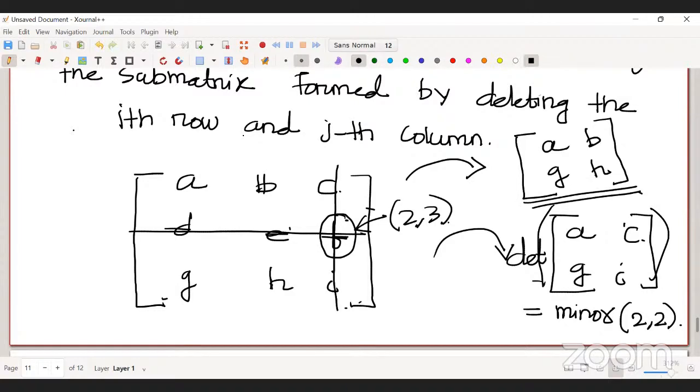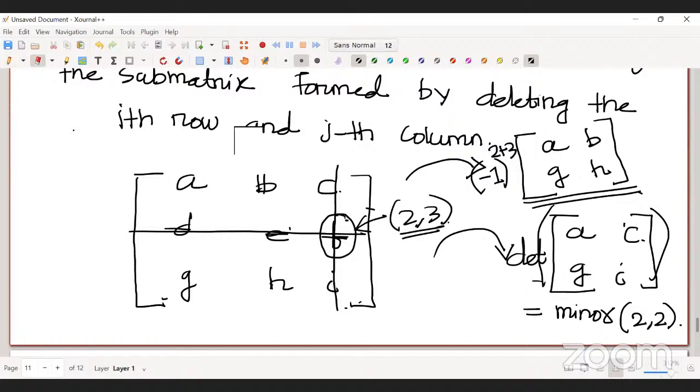Now for the cofactor, you have to just multiply by -1 to the power 2 plus 3, particularly for this F, because F is basically the 2/3 entry, right?